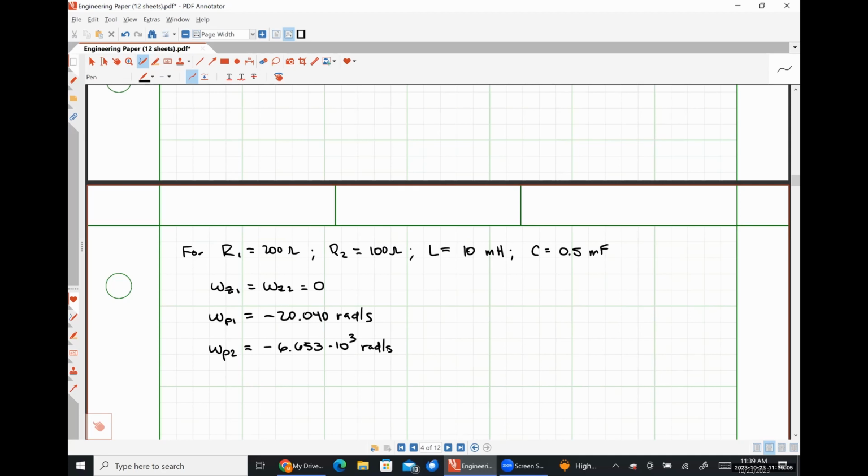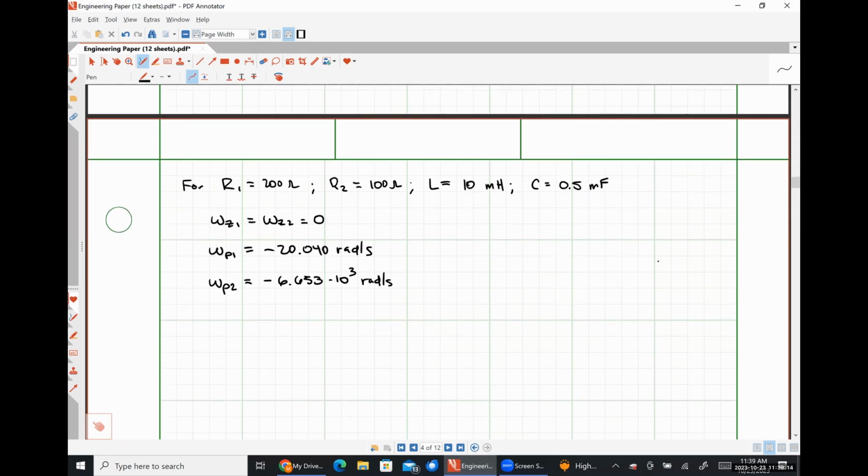So I'm about to draw what's called a pole zero constellation for this system. Okay. On a pole zero constellation, our vertical axis corresponds to omega, the imaginary part. Our horizontal axis corresponds to sigma, the real part. This is just a plot of the S plane.